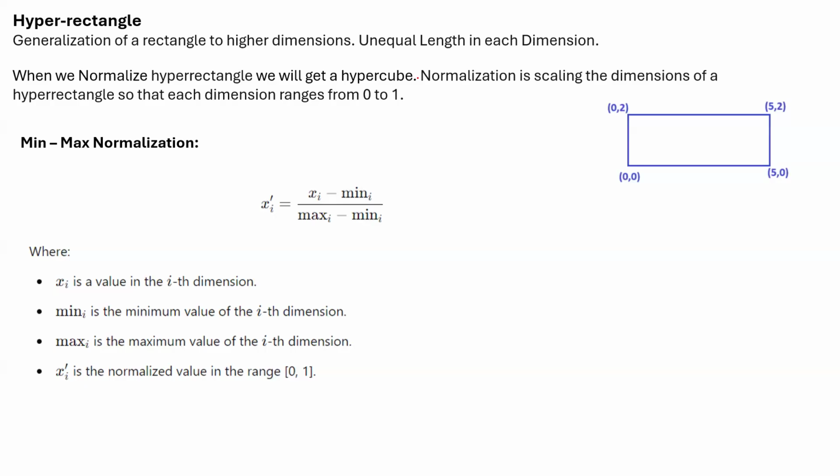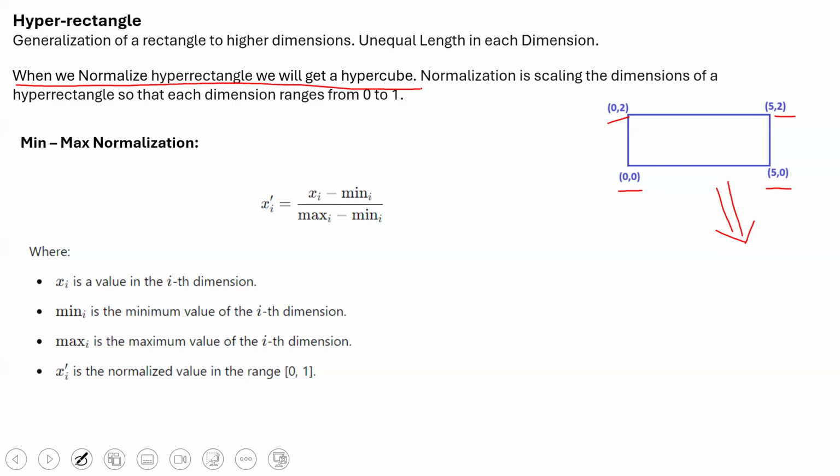So look at this. If I normalize this, to which diagram is this converting? Now I'm trying to normalize this particular diagram. I have 4 points: (0, 0), (5, 0), (5, 2), and (0, 2). Now if I normalize these, let's see which diagram I'll get. What this statement is saying is that when we normalize a hyper rectangle, we will get a hypercube. Hypercube means all the sides have to be equal, right?